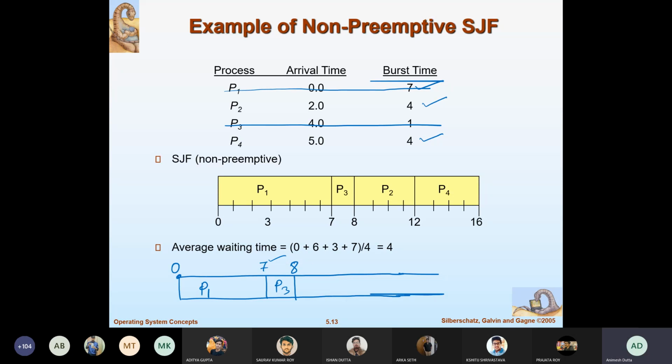P2, sir. So keep P2 there, for 4 milliseconds. P2 is also complete. Next, you have only one process, so there is no choice.